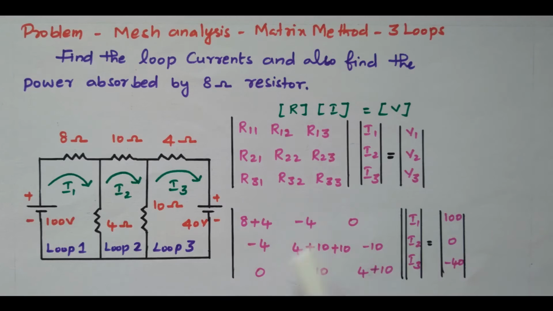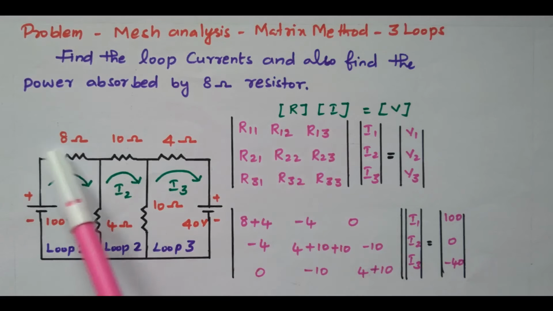R11 is the resistance available in loop 1, R22 is the resistance available in the second loop, and R33 is the resistance available in the third loop. R12 means the resistance available between loops 1 and 2, and like that we need to find. Now we'll find these values one by one.